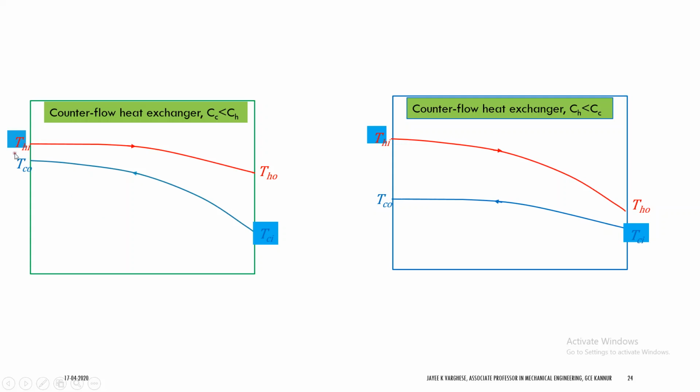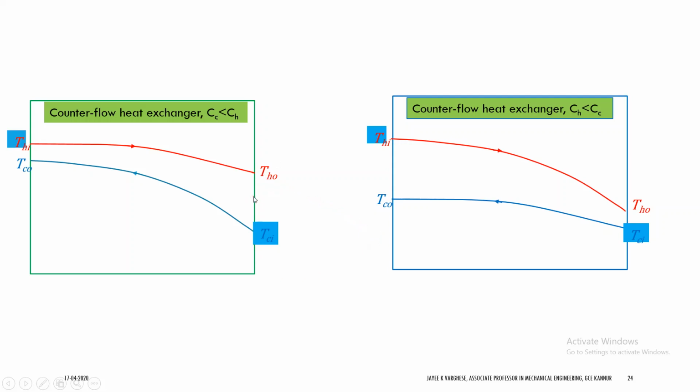The fluids are supplied at their inlet temperatures T hot in and T cold in. Now if the length is increased, then this hot temperature will be corresponding to length of 1.5 meter. If it's increased to 2 meter or 3 meter, what will happen? This temperature THO will decrease further to some other temperature.